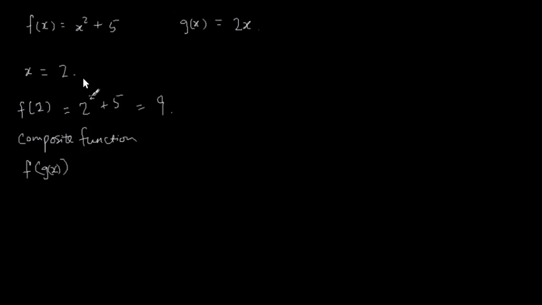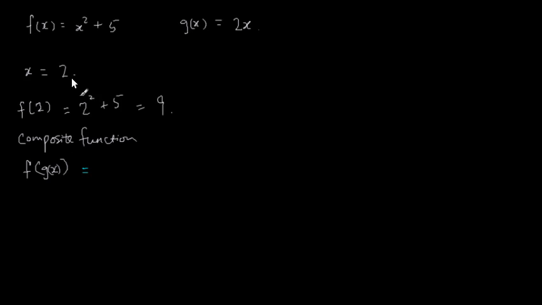So if x is equal to 2, I can find the value of this composite function. The meaning of this particular composite function is that, for x equals 2, I must first find g(x) using this formula, which is 2x, and then I would need to pop that back into the function for f and get another answer using this formula. So let's try that.